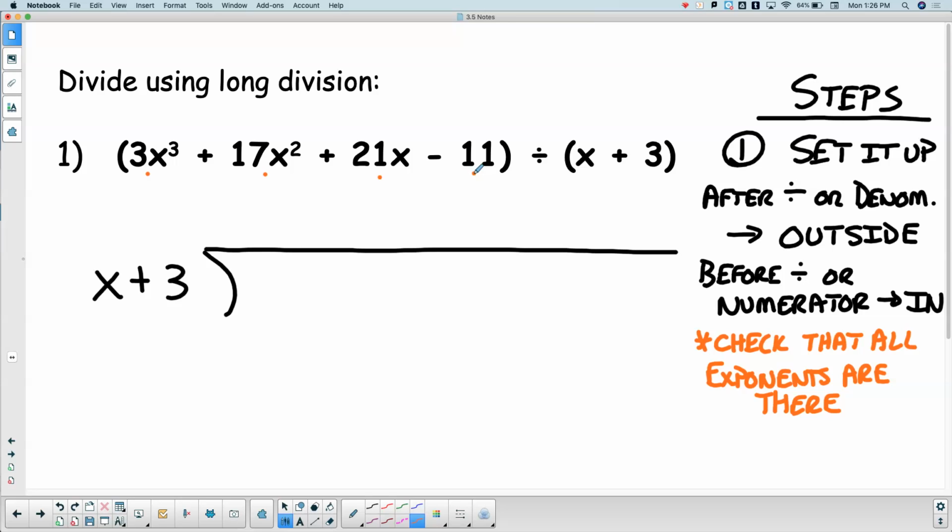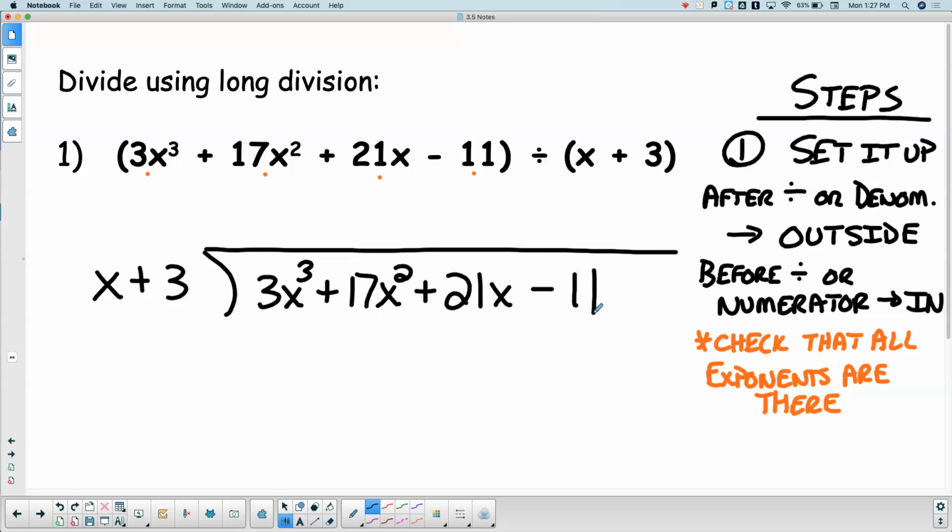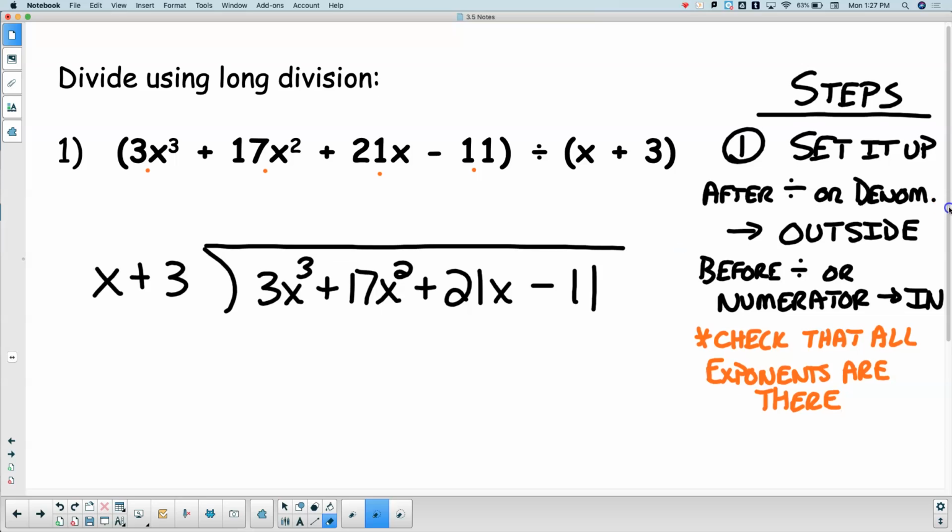Alright, so I got them all there, so I can write it as is: 3x cubed plus 17x squared plus 21x minus 11. Okay? Exciting. So now we've got it set up.